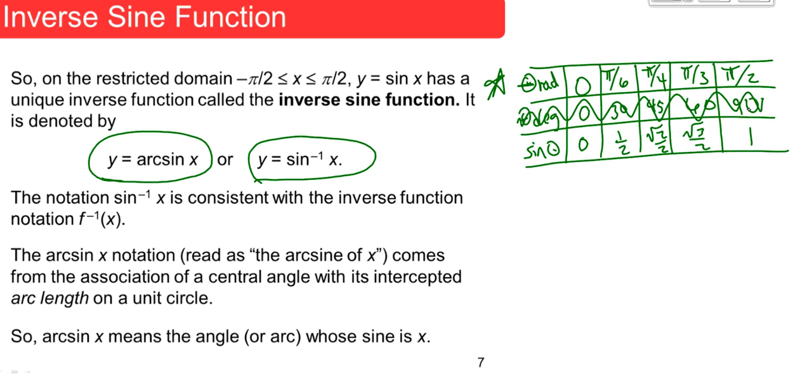And we're going to look at these values, and when we find the inverse, we're going to interchange those two. Really, the arc sine notation comes from the association of the central angle with its intercepted arc length on the unit circle.